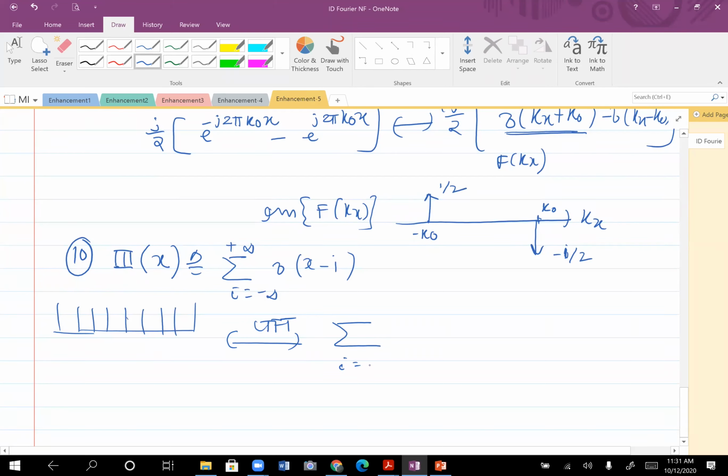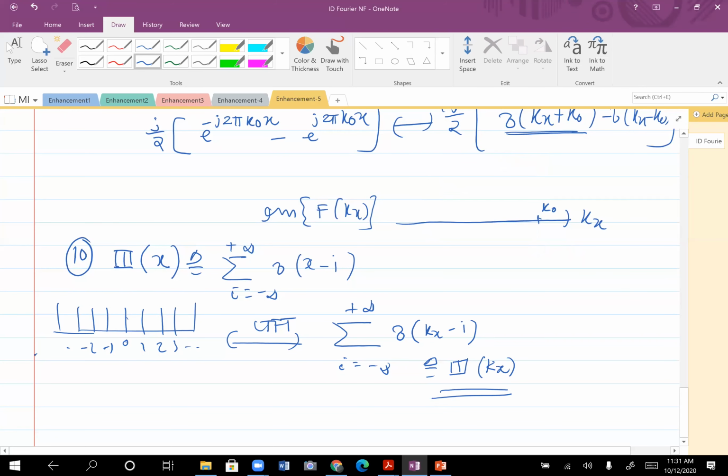Let me write it as the sum over i varying from minus infinity to plus infinity, delta of kx minus i. So how could I write it? This is nothing but the comb function or Shah function, or impulse train, of simply kx.